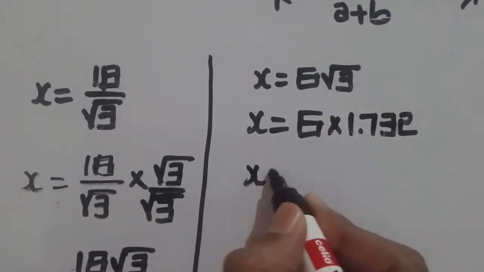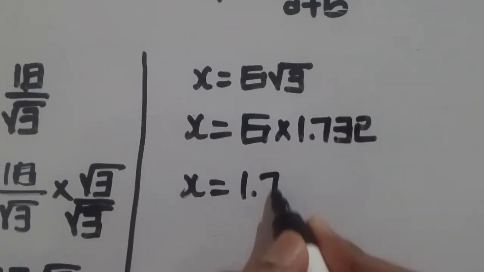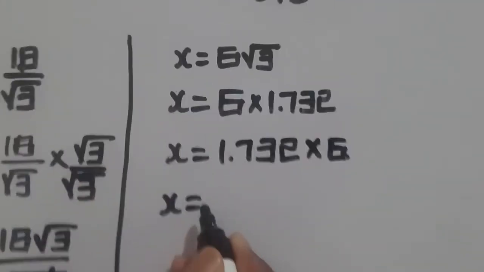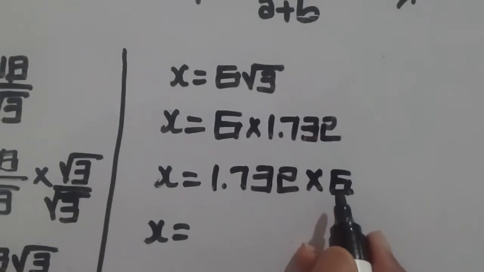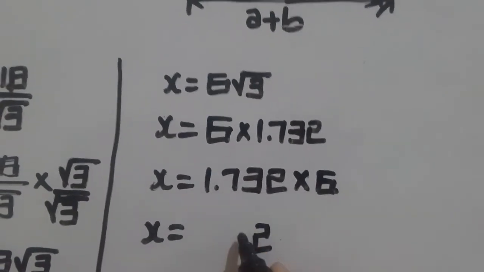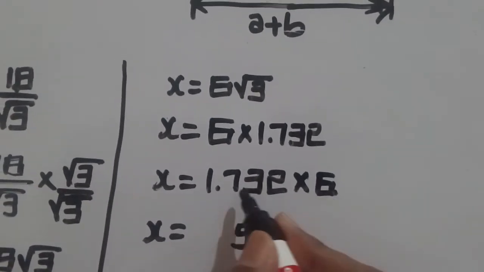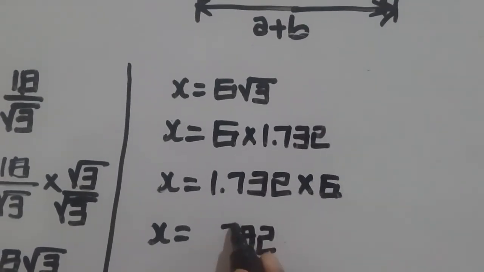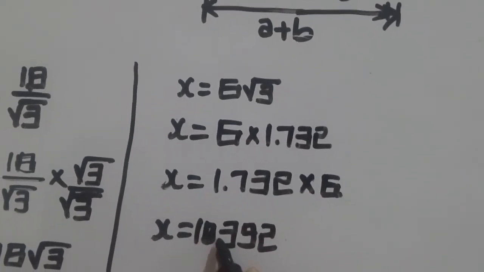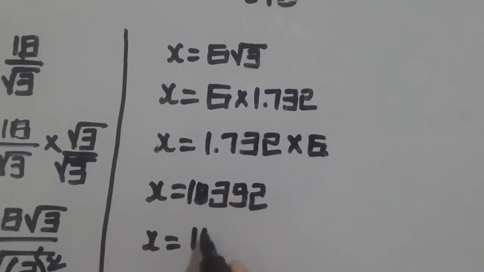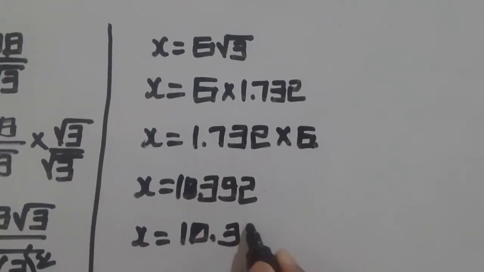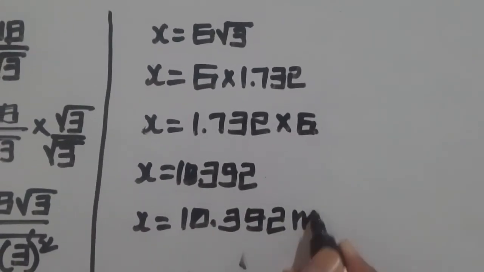Now multiplying, X is equal to 1.732 into 6. 6 twos are 12, 6 threes are 18, plus 1 is 19, 6 sevens are 42, plus 1 is 43, 6 ones are 6, plus 4 is 10. X is equal to 10.392 meters.